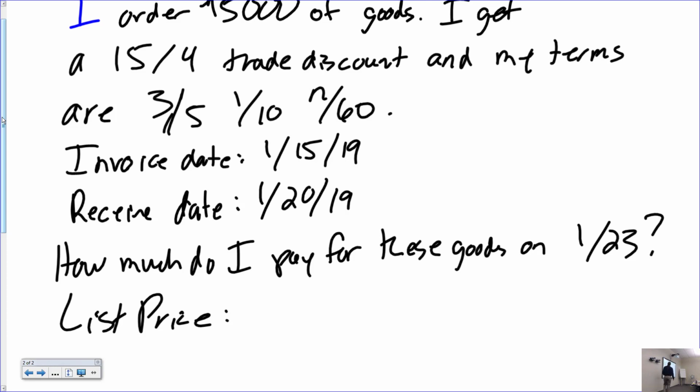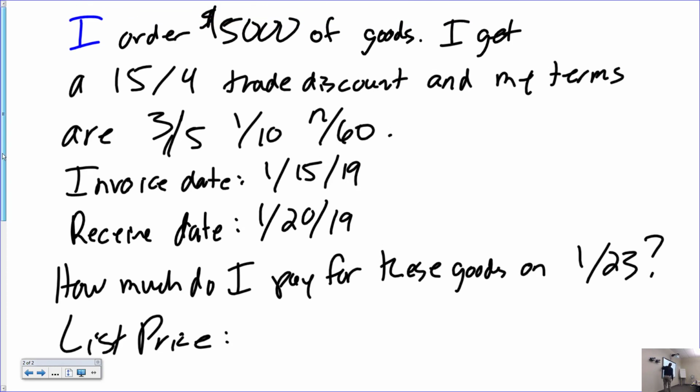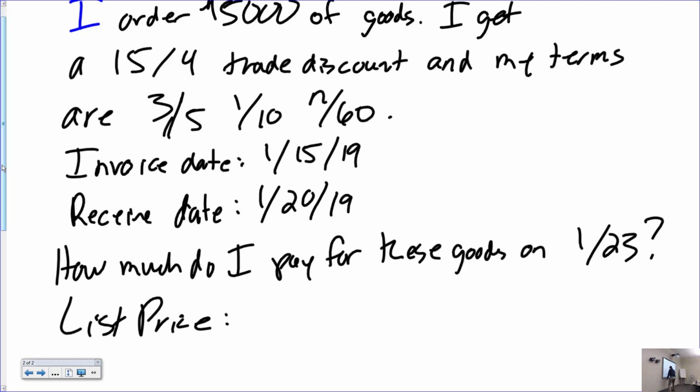So, what am I selling these $5,000 worth of goods for? $5,000. That's the whole point. And again, if you get something along the lines of I ordered 10 computers for $1,000 each, make sure you multiply the 10 times the 1,000 and tell me it's a $10,000 invoice. So there's my list price.